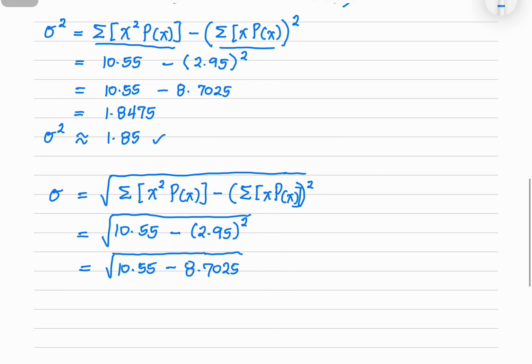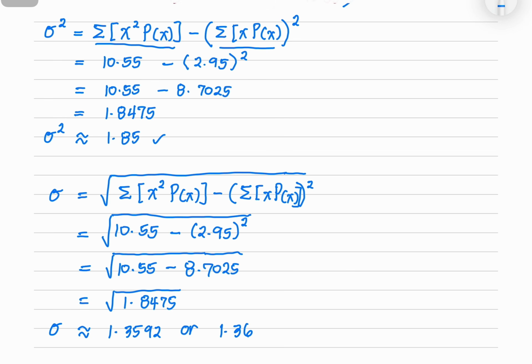Yung 2.95 in-square natin. And then, subtract. So, this is equal to square root of 1.8475, right? And then, for the SD or standard deviation, approximately, that is 1.3592. Or round off natin, 1.36. Right? So, sa previous video natin, same lang yung sagot natin.